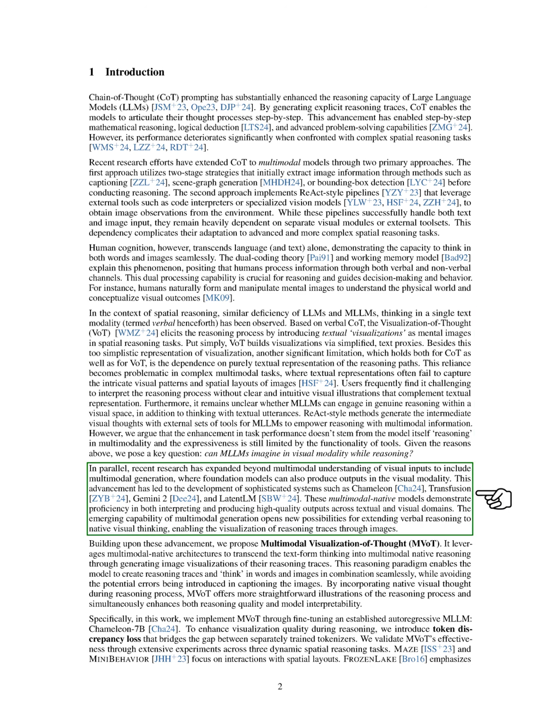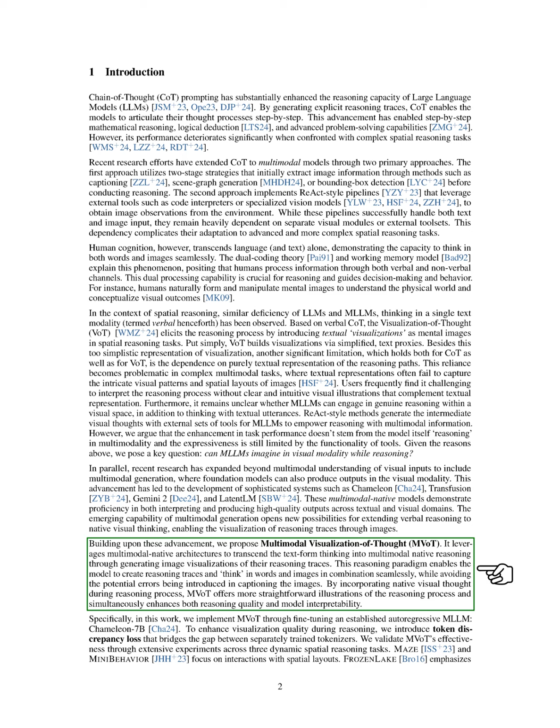We also highlight recent advancements in multimodal generation, where models can produce outputs in both text and visual formats. This progress has led to the creation of sophisticated systems like Chameleon, Transfusion, Gemini 2, and Latent LM, which excel in interpreting and generating high-quality outputs across modalities.